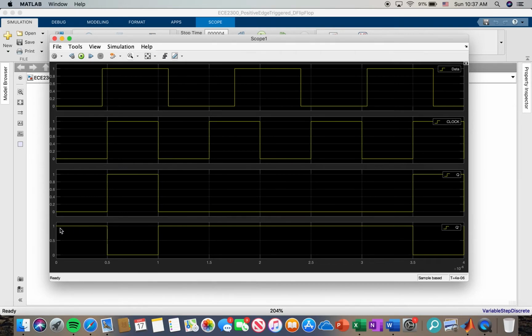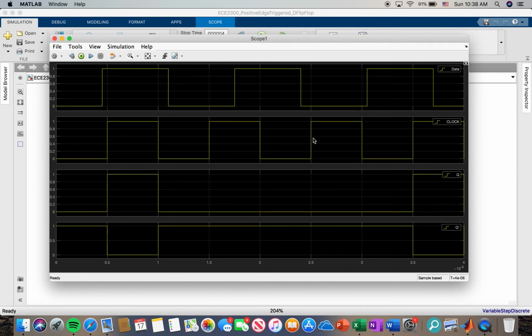Looking at Q prime, it will be the opposite of Q, so on the positive edge of the clock, it will go from 1 down to 0, and then reset back to 1 at the negative edge. And then looking at the next positive edge of the clock, the data is still at 0, so it will stay at 1 because it's Q prime.